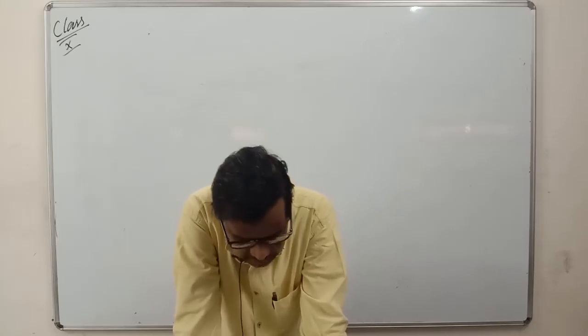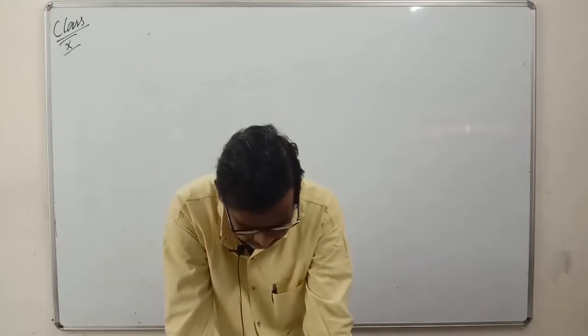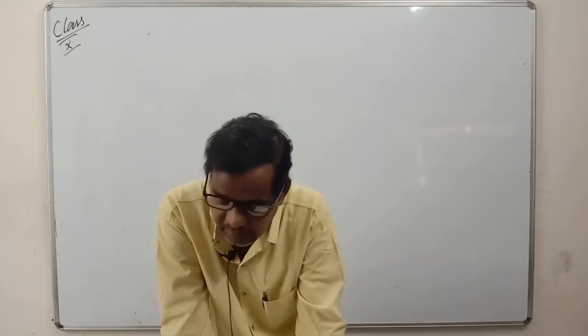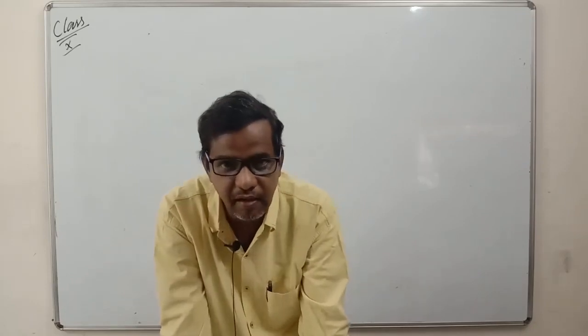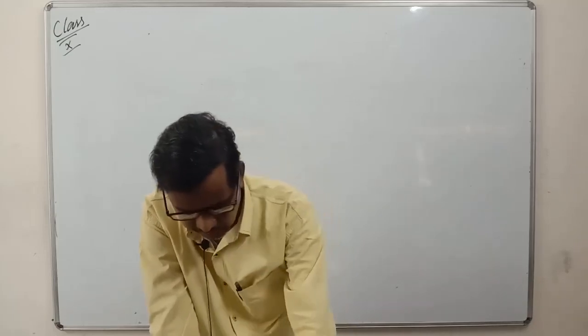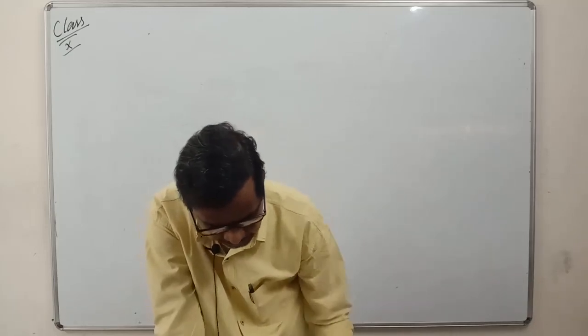First find whether they are in AP or not. If they form an AP, find the common difference. If they are in AP, then only go for finding the common difference D and writing 3 more terms. He has given 2, 4, 8, 16.